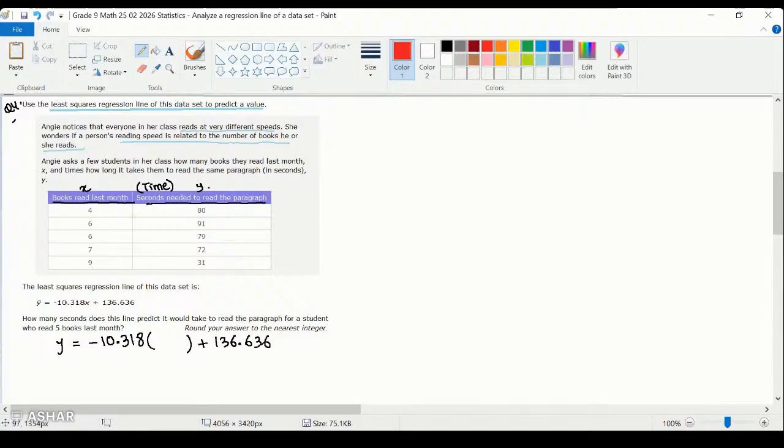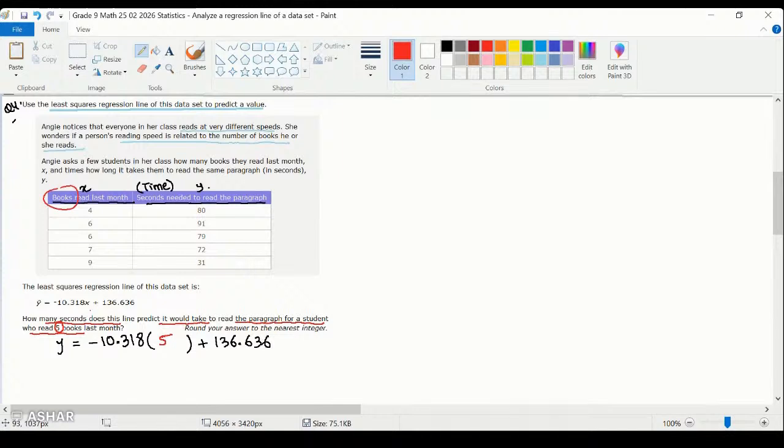Okay, and what do we need to find? How many seconds does this line predict it would take to read a paragraph for a student who read 5 books? That means the value of X is given because X represents the books. So when we simplify, minus 10.318 multiplied by 5 comes out to be negative 51.59 plus 136.636.